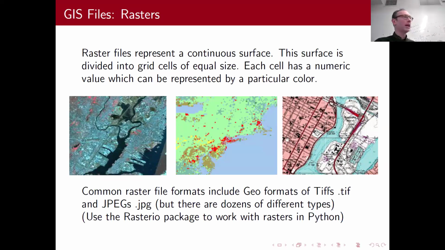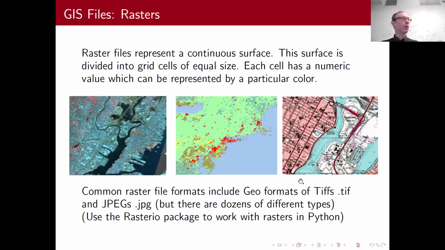Common things would be aerial photographs, satellite imagery, data that's been derived from imagery, like this land use land coverage layer where every grid cell represents a land use, or even old school paper maps that have been scanned and georeferenced. The grid cell would just be the color on that map, which might denote something that's interesting.